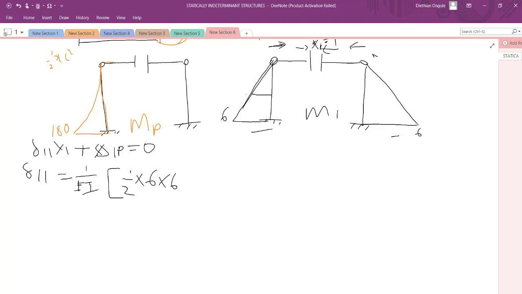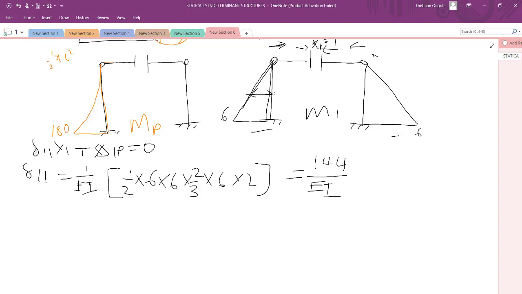The center is somewhere here, at 2 over 3 of this distance, times 2 over 3 L, and our L is 6. Then there are 2 of them, so times 2. So this would be equal to 144 divided by EI.